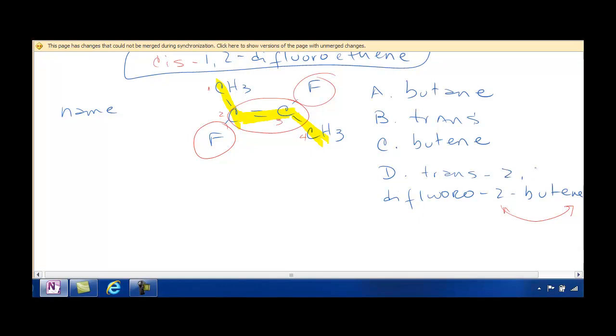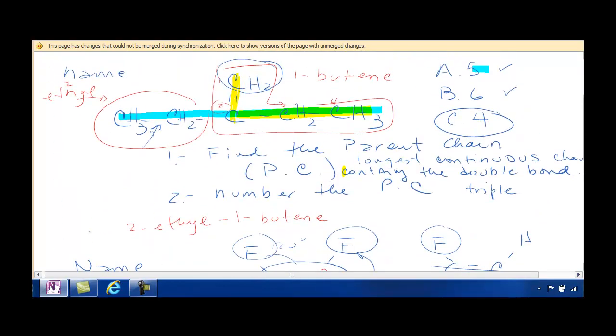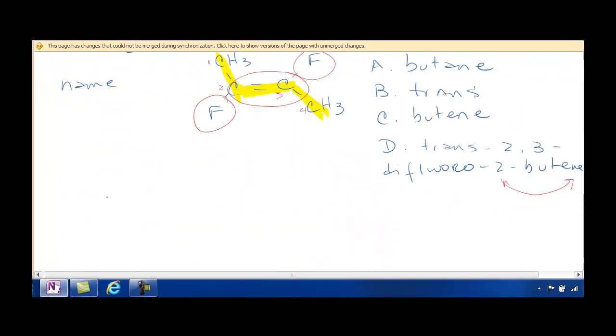The fluoros are in 2 and 3, not in 1 and 4; this is carbon 1 and this is carbon 4. These two rules, finding the parent chain and numbering the parent chain, are like lecture 3 or lecture 4. We're saying the same thing. So the correct answer, I had a 1,4 there before. That's not what I want.